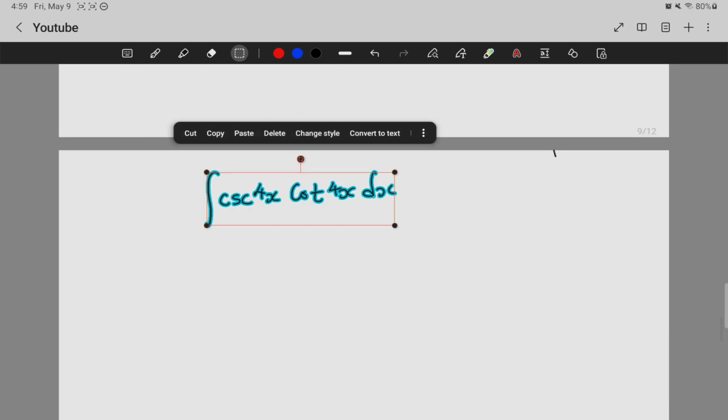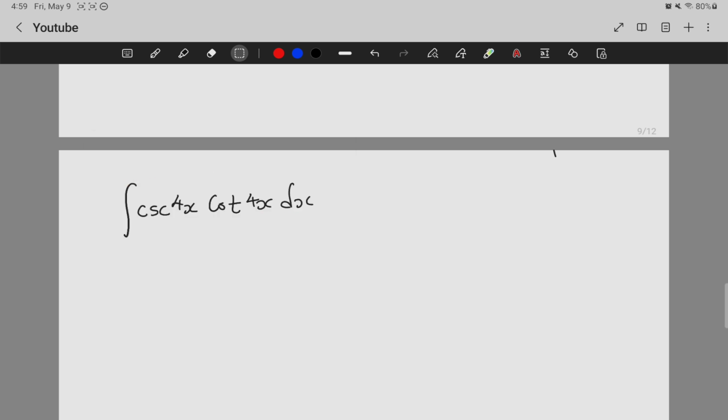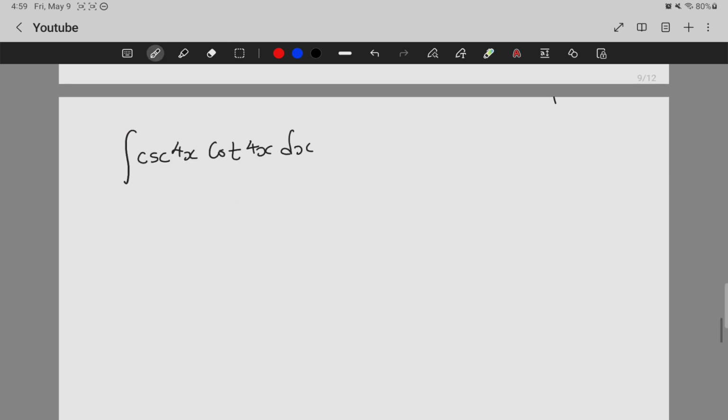When integrating something like this one, the first thing that you have to do is split the cosec so that you utilize the identity for cosec squared. Then this is going to be cosec squared x, and then you have cot to the power 4x dx.